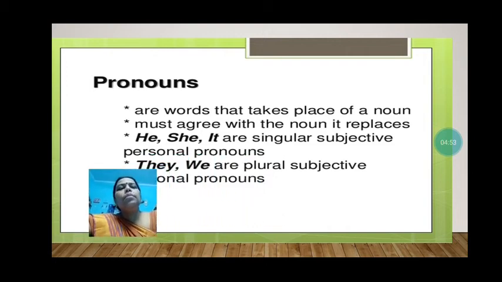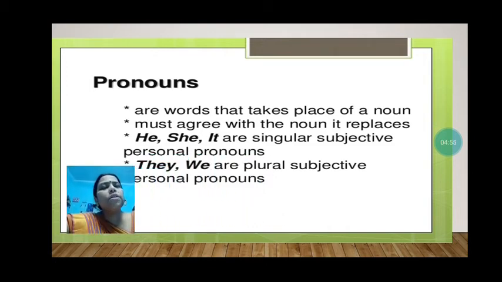Now see, pronouns are words that take the place of a noun. Pronouns must agree with the noun they replace. It means that for persons we don't use it; we use it with ideas, things, or the animals, birds.